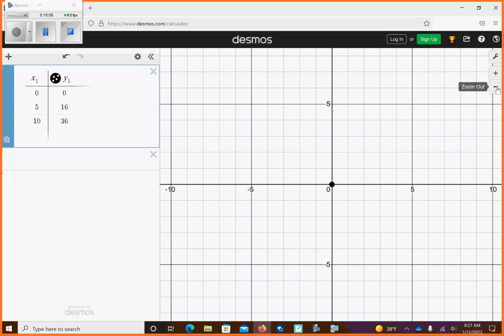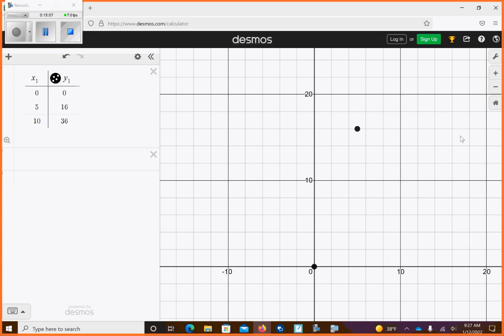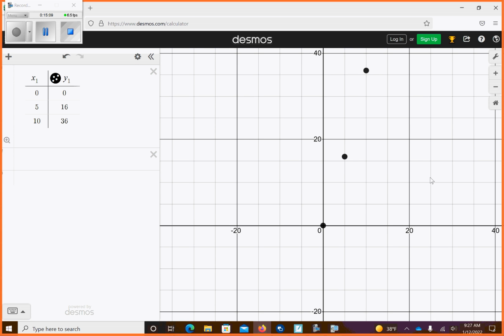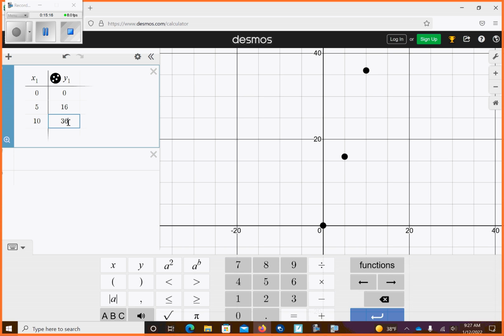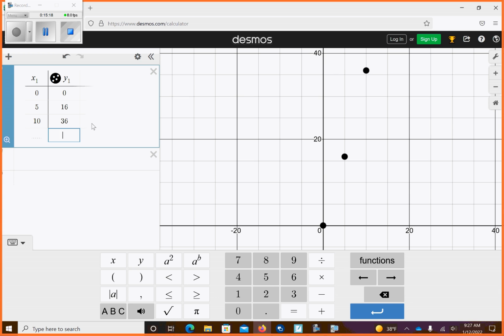Okay, so this seems that it's forming a straight line. If I continue on, let's just keep counting by fives. Let's say if we're doing 15 miles per hour, the braking distance is now 64.